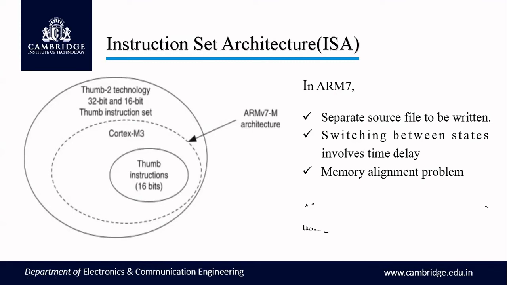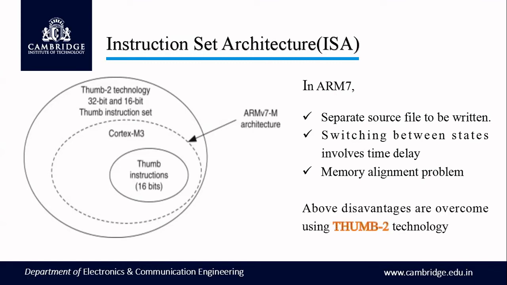So all the above problems were solved by using the thumb 2 technology, which is a combination of both 32-bit and 16-bit thumb state instructions. And our current Cortex family of controllers support the thumb 2 technology. Thumb 2 technology is supported, which provides significant benefits like the ease of use, code size, and the performance is much better.